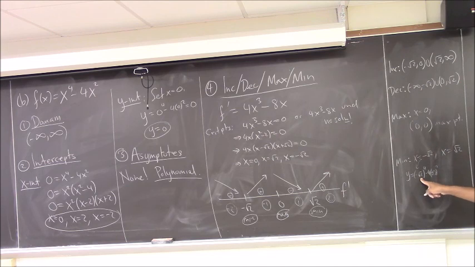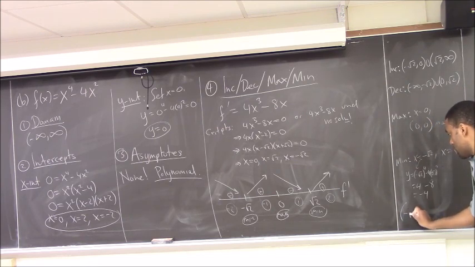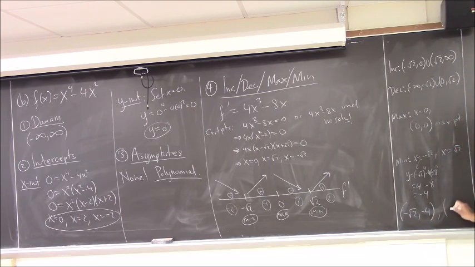So this raised to the 4th power, I know radical 2 squared is 2, and then I raise it squared again, so that's going to be 4. Radical 2 squared is 2 times 4, that's 8, so it's a minus 4. Because those powers are all even, whether I plug in the negative or the positive number, I'll get the same thing. So I have these 2 points. Minus radical 2, comma minus 4, and positive radical 2, comma minus 4. These are my minimum points.